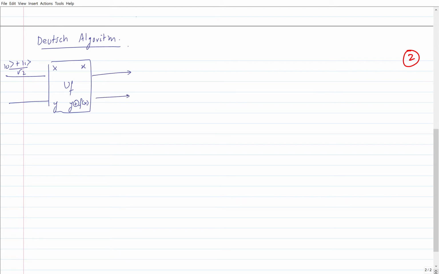What you get out is (x, y) giving you (x, y plus fx) over here. As I said, we've already seen that, but it's still good to see that U of f is unitary.